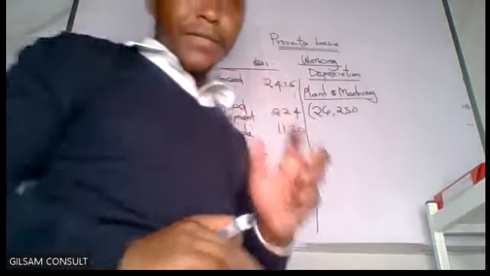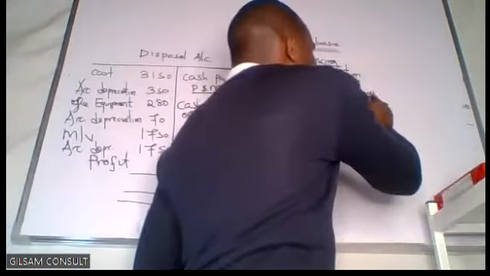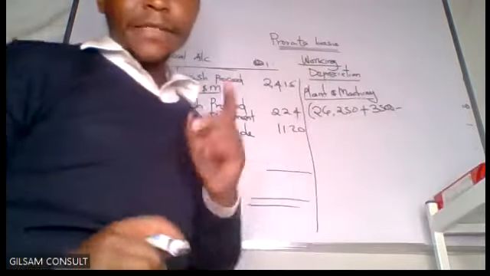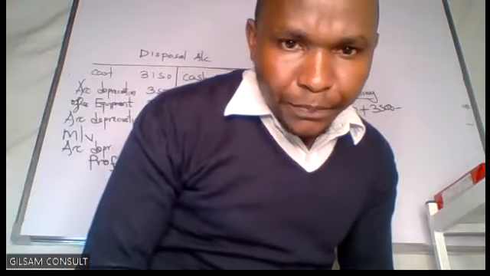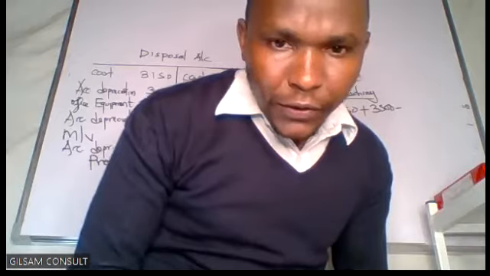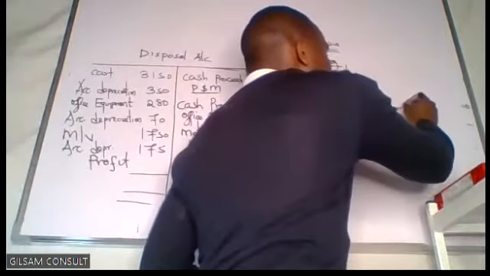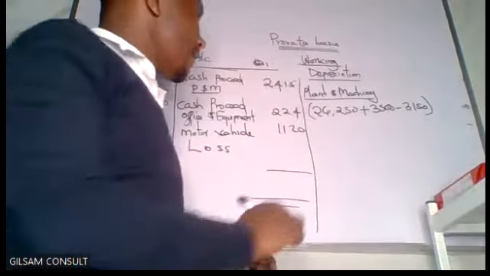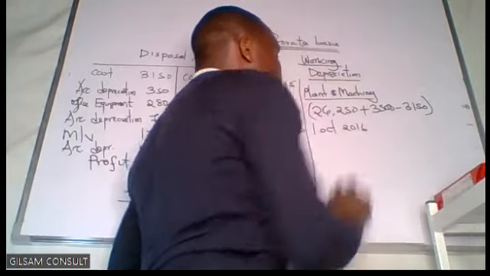At the same time, we purchase another one costing 500. So we add, and then at the same time, we dispose another one. We dispose another one with the cost of what? 31,150. That one was the same date, the 1st October 2016.